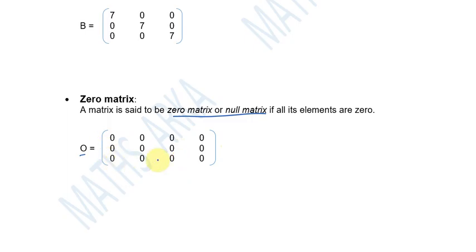In our example, we have not used a square matrix, because that is also possible for a zero matrix. Let's look at the order of this matrix: rows 1, 2, 3, so 3, and columns 1, 2, 3, 4, so 4 columns. So this is the order of this zero matrix.